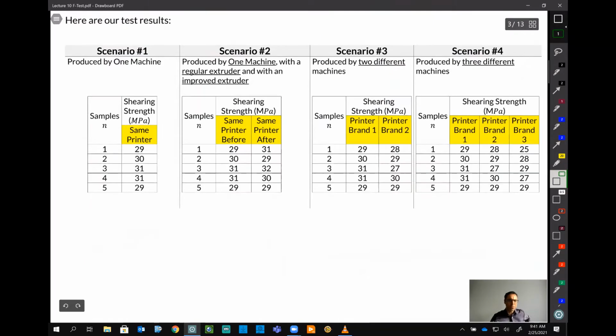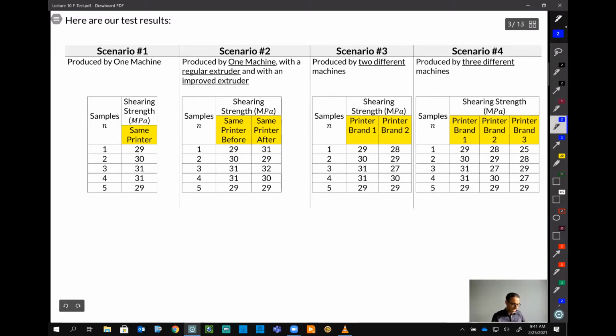With these 4 scenarios, let's look at some numbers. Scenario number 1, again to remind you, is produced by one machine. Scenario number 2, before and after. Scenario number 3 is 2 different machines, and 3 or 4 or more than 2 different machines anyway.